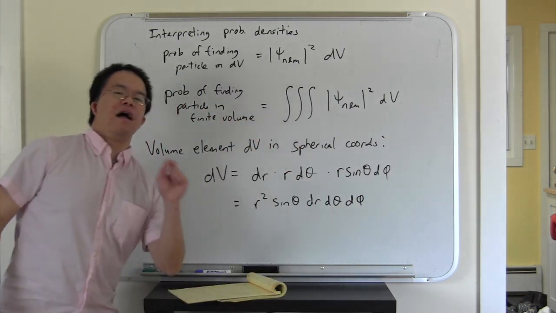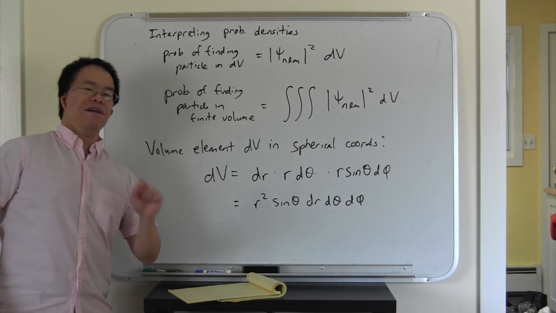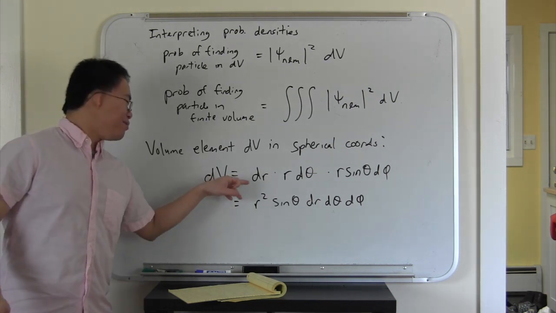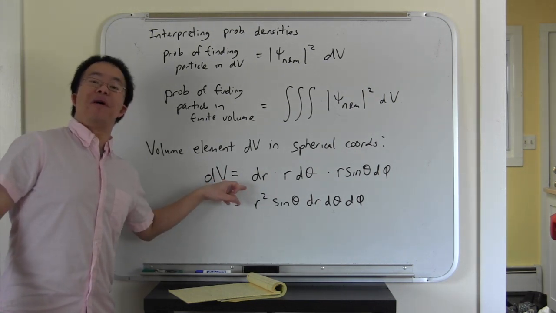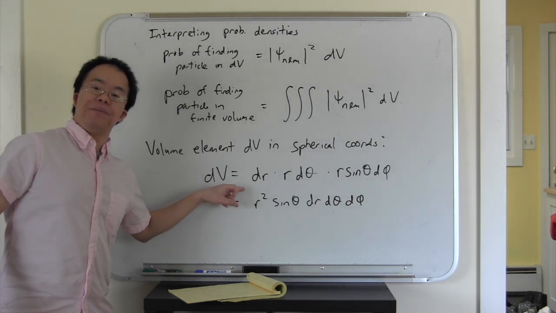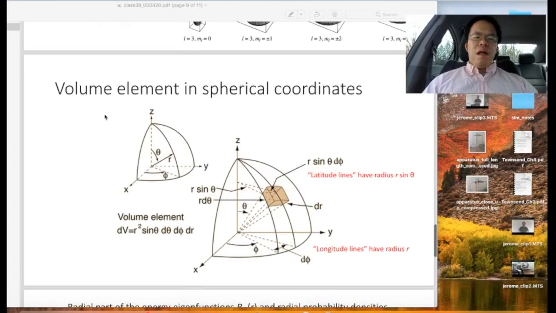d phi. Let me cut to my computer because I have something I want to show you to remind you of why the volume element looks like this in spherical coordinates. So here's just a quick reminder. The volume element is the volume of this little box over here. The thickness of this box is dr, so that's where the dr comes from. But we also need the length of this side and the length of that side.